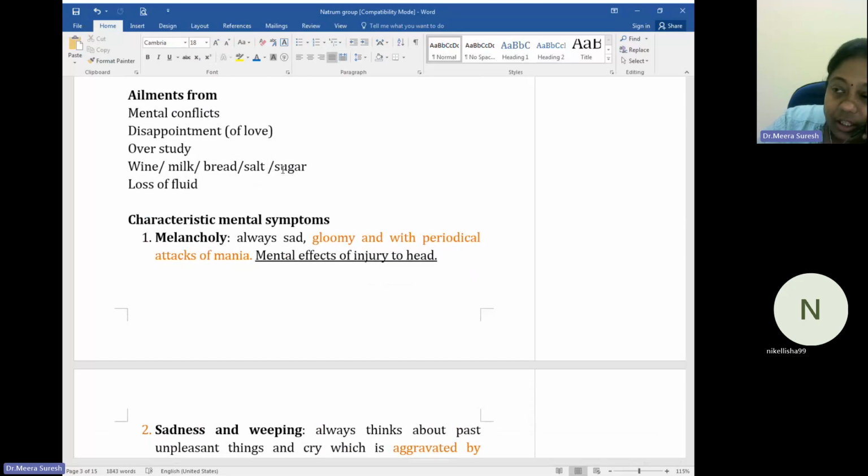In Aurum met, Nux vom, Lycopodium, we see that they can't bear the least contradiction. When someone is saying no to them, at that moment itself, they will respond. They may even explode at that person. But it is not like that.